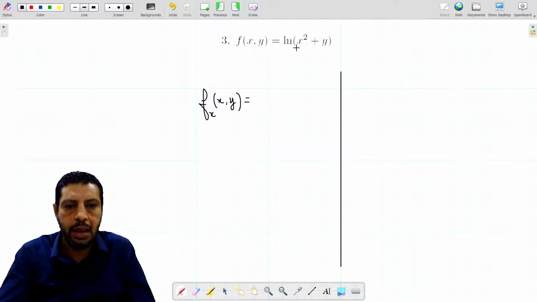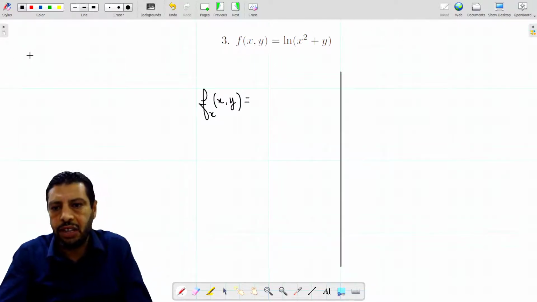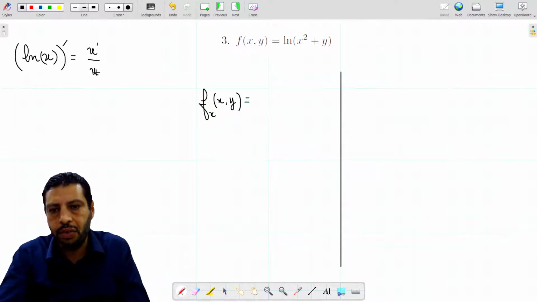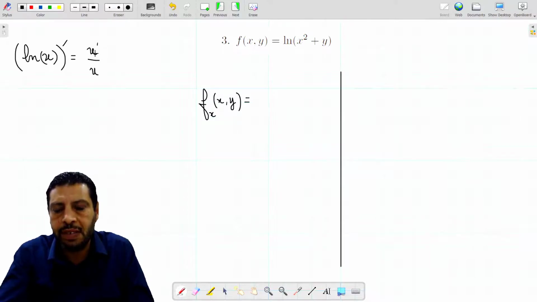Since it's a logarithm of a function, we're going to use the single variable chain rule, which is the derivative of ln of u, if u is a function of x or y, is u prime over u. Remember this rule, the derivative of ln of u is u prime over u, but instead of u prime, you're going to use the partial derivatives with respect to the corresponding variable.